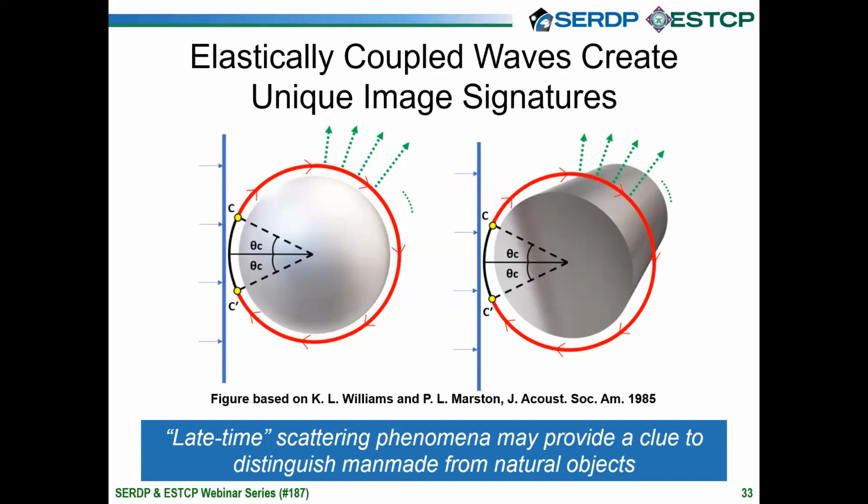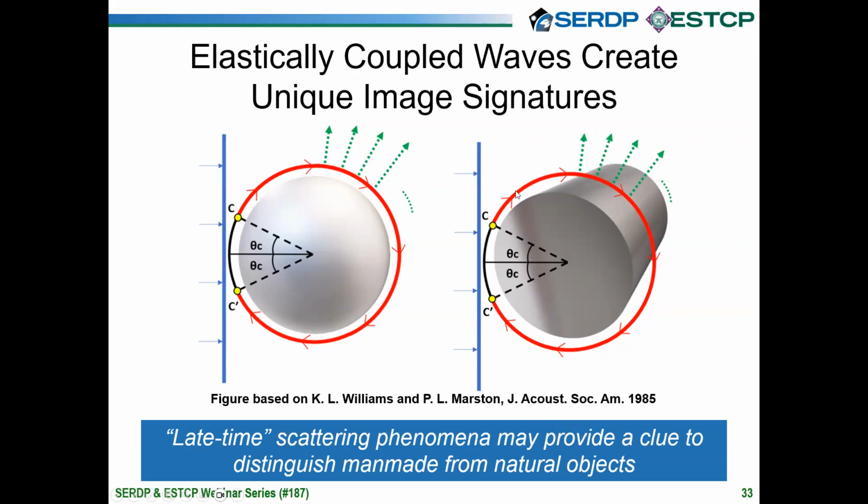Here, this figure is one that we've drawn, but is based on a figure by Williams and Marston in their 1985 JASA paper, where they were discussing how Rayleigh surface waves can couple on to an object. So here we have some plane wave insonifying a cylindrical object, and at some specific angle, the coupling angle, this plane wave can couple to a Rayleigh wave that then propagates around the outer surface of this object.